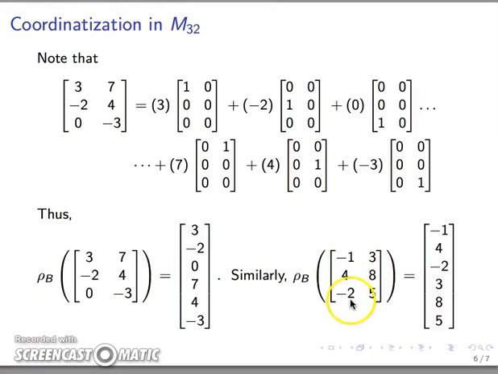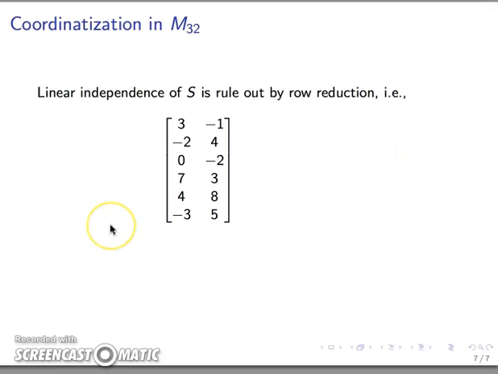Similarly, for the matrix that has first column minus 1, 4, and minus 2, and second column 3, 8, and 5, we can do a very similar thing of expressing that matrix as a linear combination of these matrices with a lot of zeros and 1, and then we'll find that the vector representation of this matrix is equal to this column vector. And so our best friend in the world, RREF, reduced row echelon form, will rescue the day here.